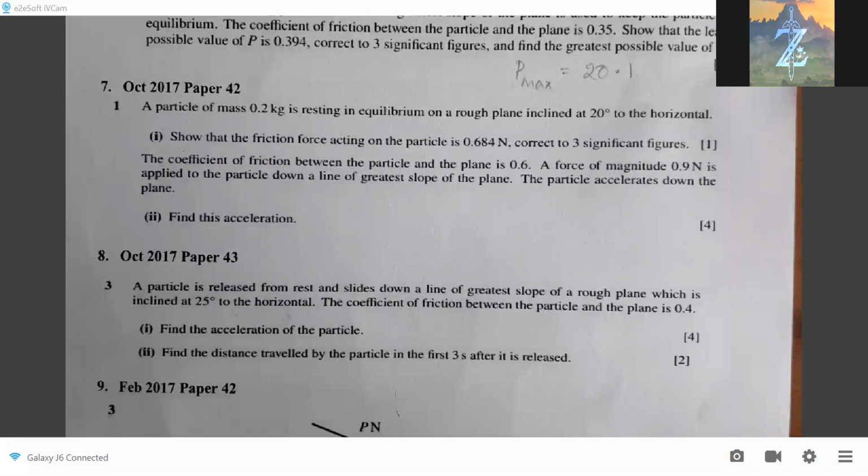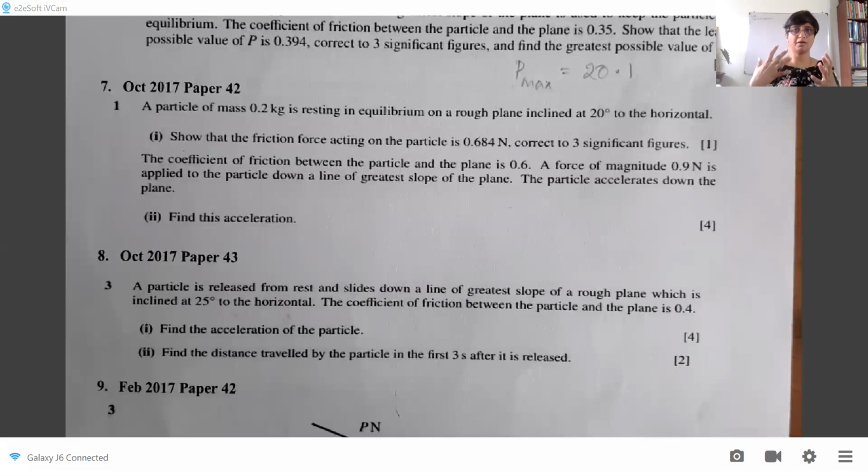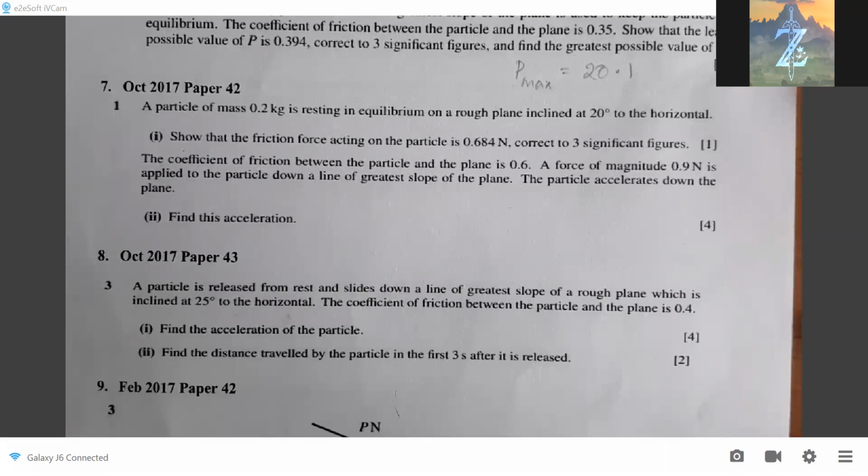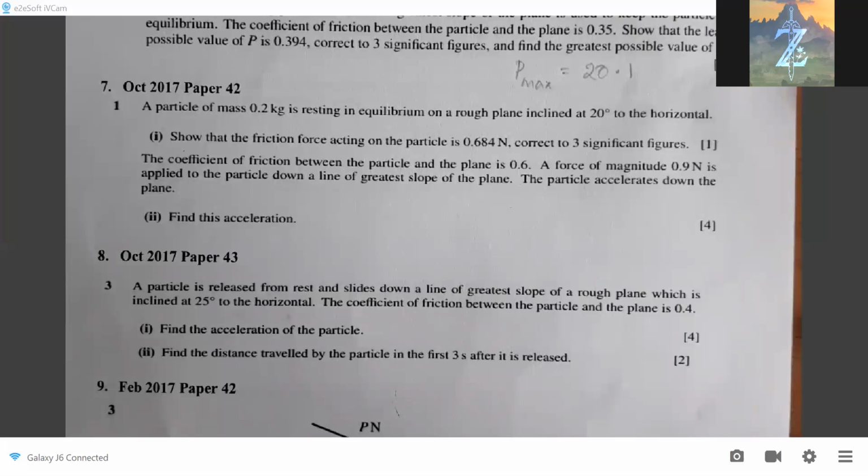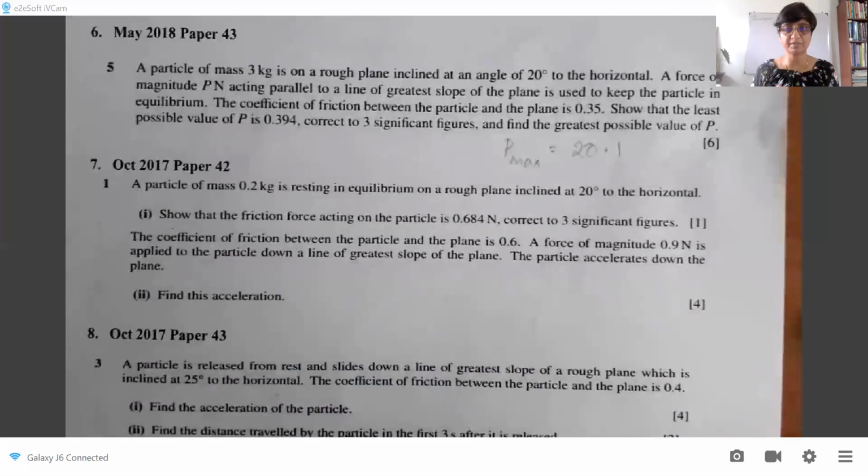Okay. How is your confidence level in terms of the topic friction? Do you feel like you can tackle any friction related problem, or is it a bit shaky? It's okay. Shall we try this number 7?